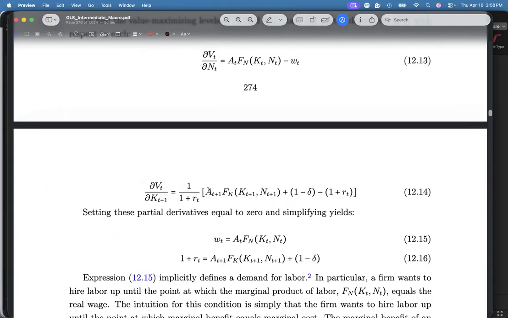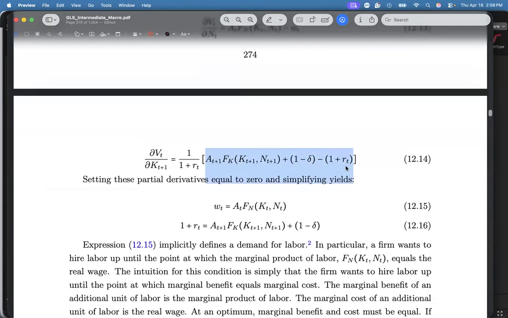The only thing with a chance of becoming 0 is the one that's inside. Which is why if you equate this one inside to 0, you will get the following, which is just the marginal product of capital one period in the future. And then you're going to add 1 plus delta, okay, on the right-hand side. And it's going to be equal to 1 plus R, which is the cost of more investment.